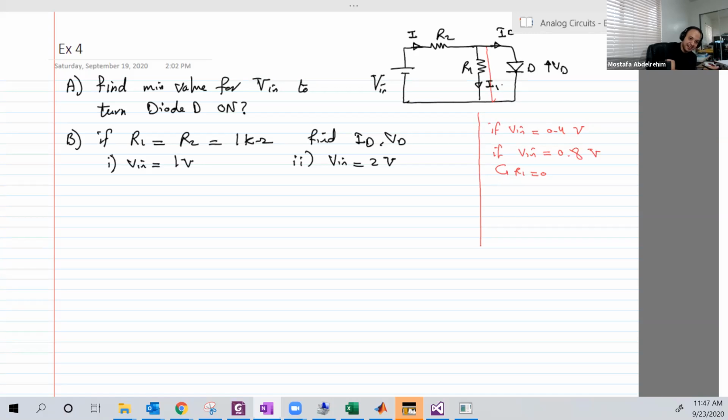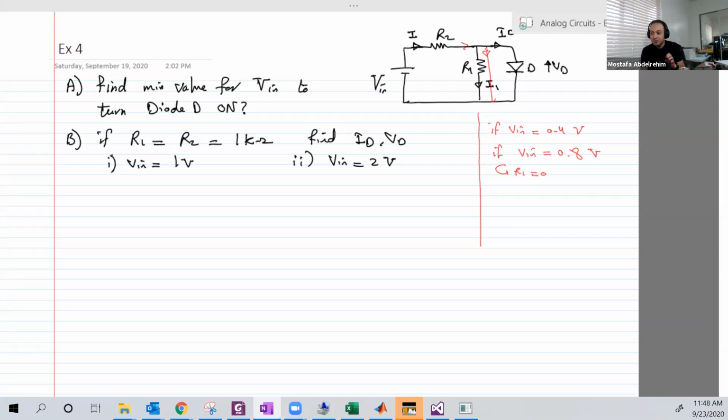It will be 0. And if the diode has a VD of 0, because the voltage drop on the resistor, which is a short circuit here, is exactly the voltage drop on the diode, they are parallel. And if the diode is shorted, then it's off. Basically, the current flowing in that way, all of it will go to the short circuit. So the current in the diode will be 0. It's off.